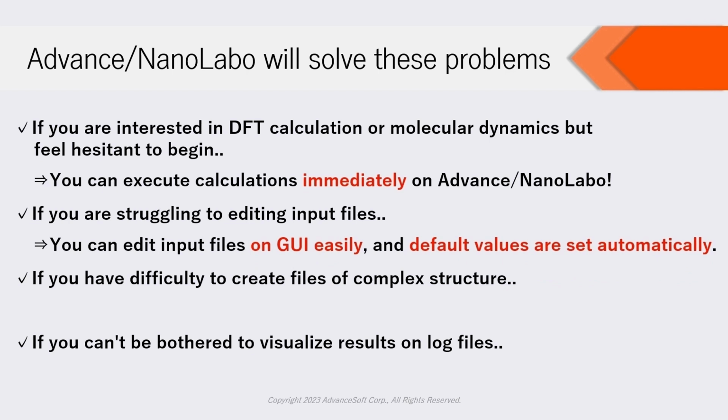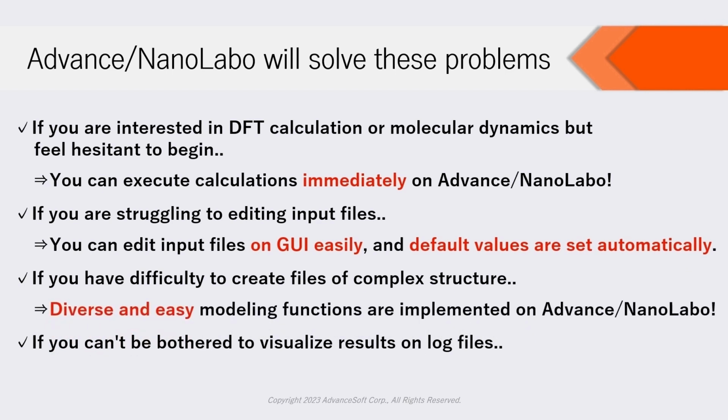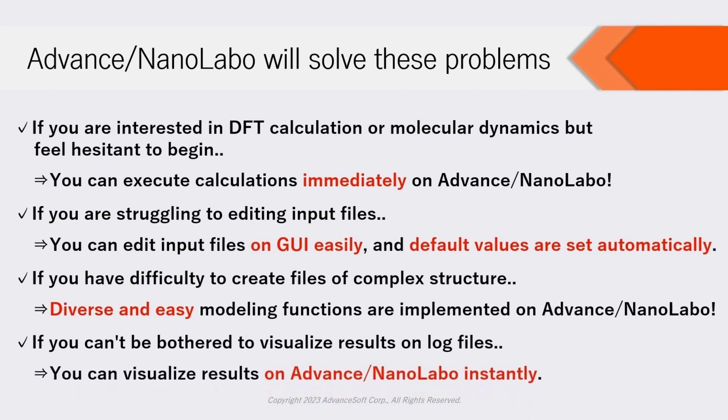If you have difficulty creating files of complex structures, diverse and easy modeling functions are implemented on NanoLabo, and enable you to create complex structures such as interface models and polymer models immediately. If you can't be bothered to visualize results from log files, you can visualize results on NanoLabo instantly.